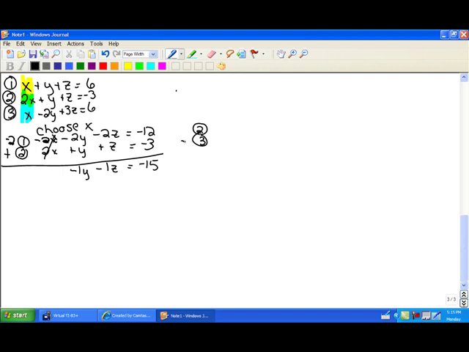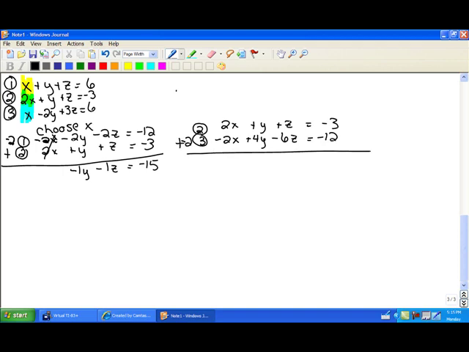I'm going to have to make 3 into a negative 2x. So I want to multiply equation 3 by a negative 2, which will give me negative 2x plus 4y minus 6z will equal a negative 12. Just copying down equation 2 again because it was fine.